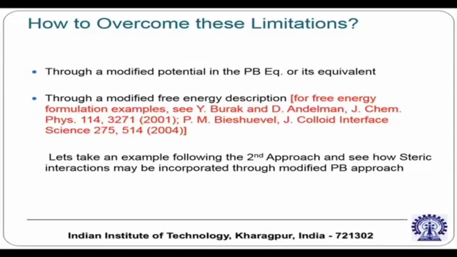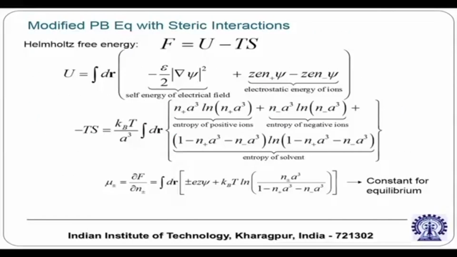Through a modified free energy description, we can start with the fundamental free energy itself, find the derivative of the free energy and set it to 0 to set the condition for equilibrium, and then we will get some modified version of the Poisson-Boltzmann equation. So as an example we take the second approach, that we modify the free energy.